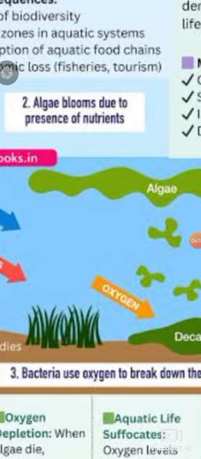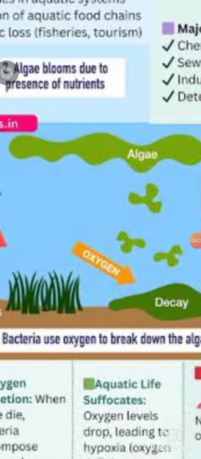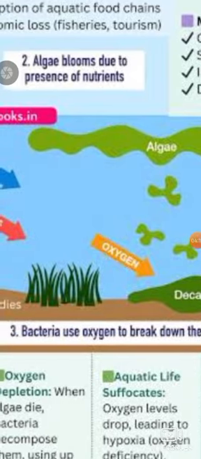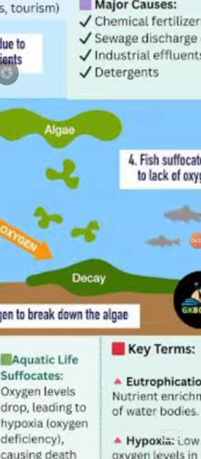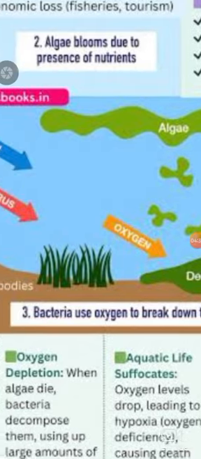Because of these enriched nutrients in the water, this algal bloom grows very fast. The population of this algae is so large that they cover the surface of the stream.